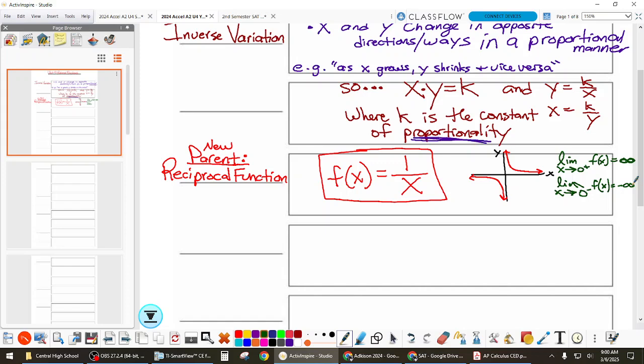Maybe let's describe this for this first time. To 0 from the right. To 0 from the left.